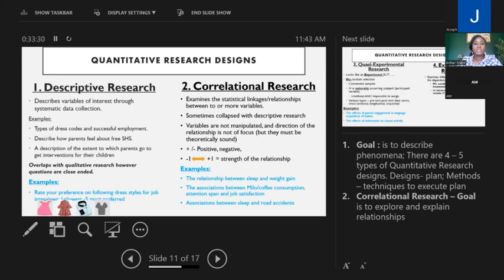That would be a negative relationship. So in correlational research, the responses are denoted by plus or negative to give you an idea of what the relationship is.